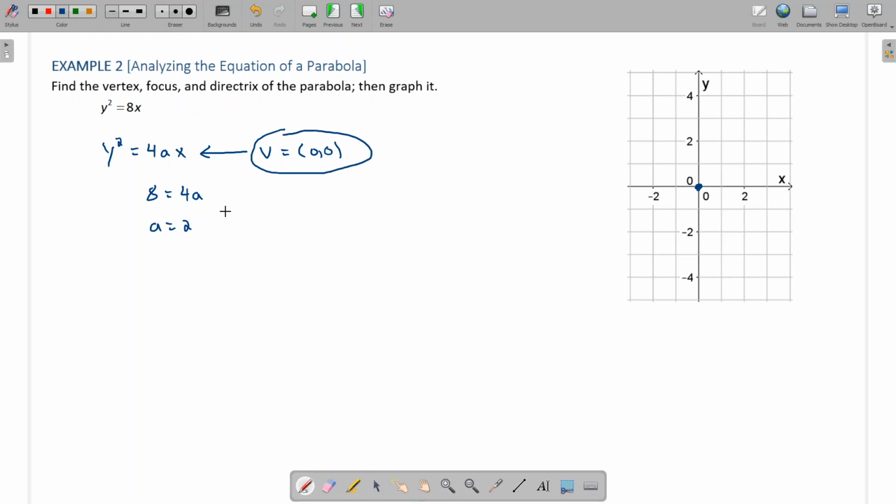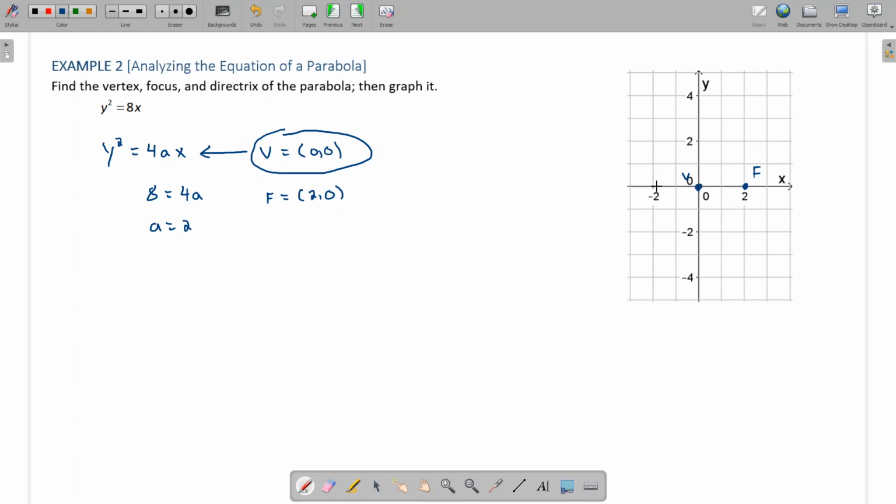Okay, now that we have a, we can figure out where the focus is. It's got to be 2 units away. So if this was V, this would have to be the focus. So the focus has the coordinates (2, 0). We also know that the directrix is the same distance away from the vertex as the focus is.